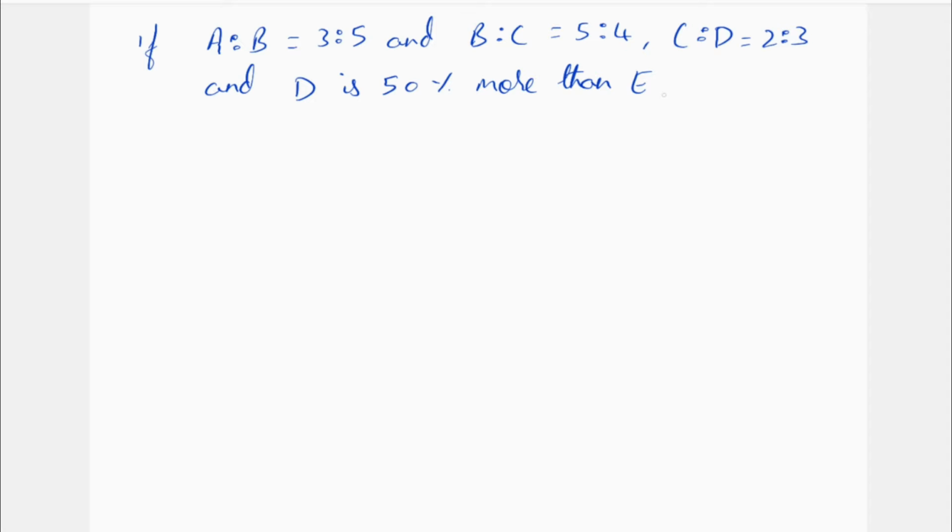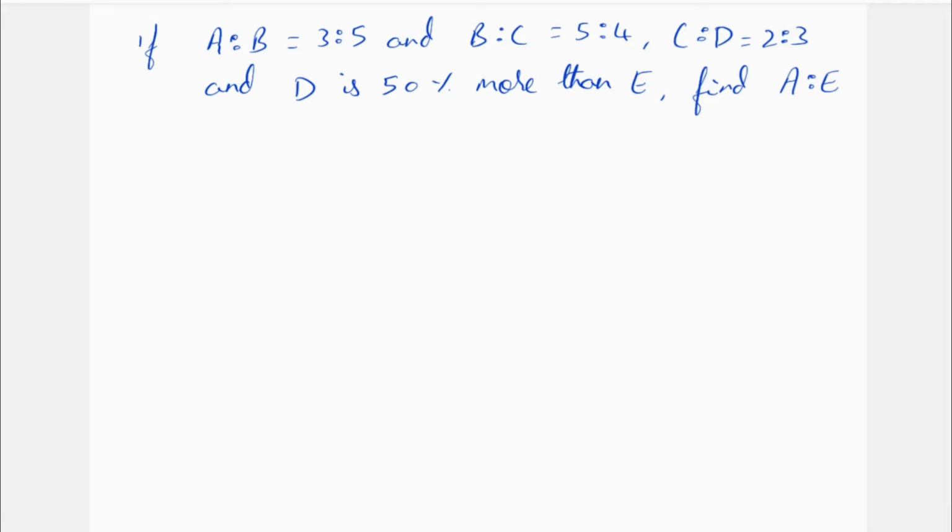Find a is to e. This is what they have given us. They have given us a is to b, b is to c, c is to d, and they have given d is 50% more than e. They want us to find a is to e.